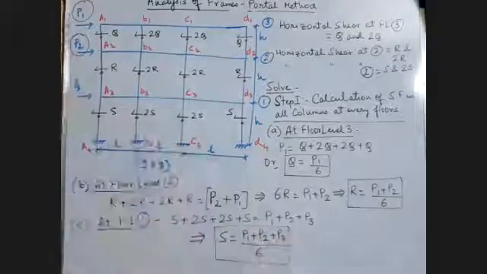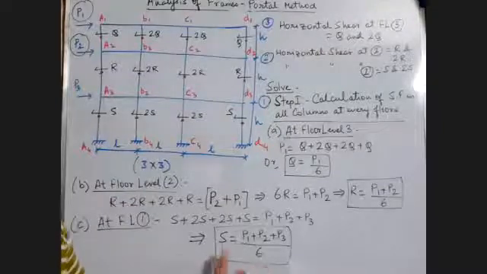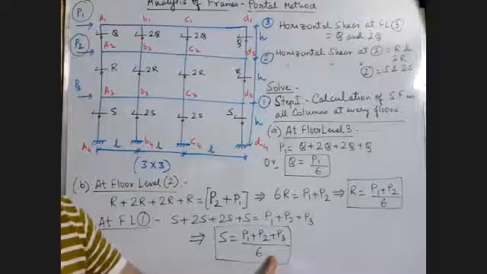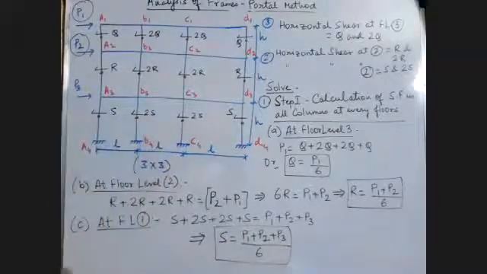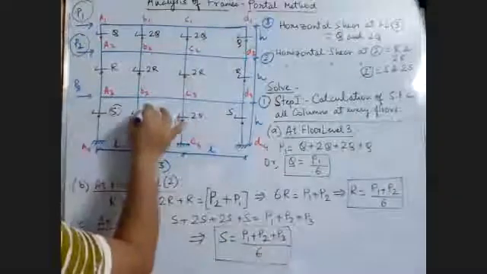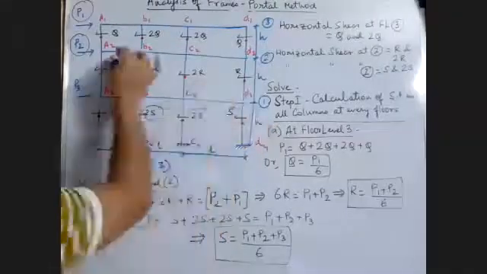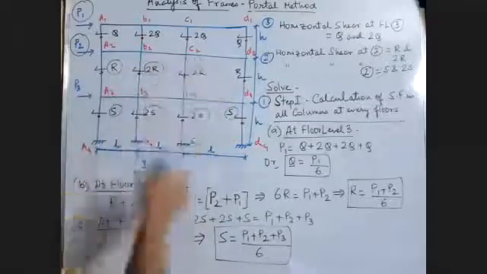Yes or no? Now, if we know S, this value we have got. Similarly, we will get twice S, all these values. If we get R, similarly we can get twice R. We will just double the values.